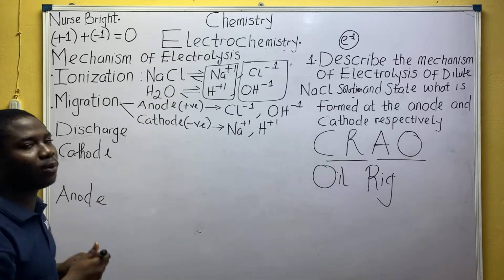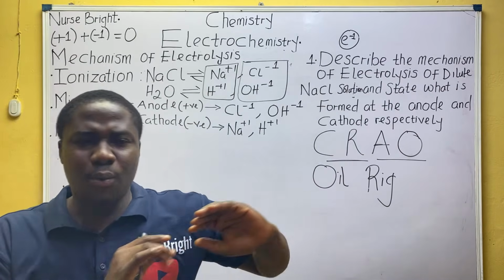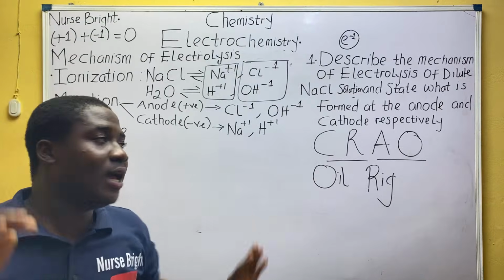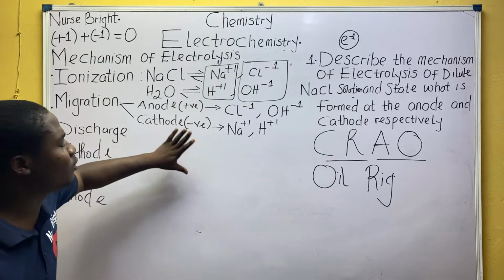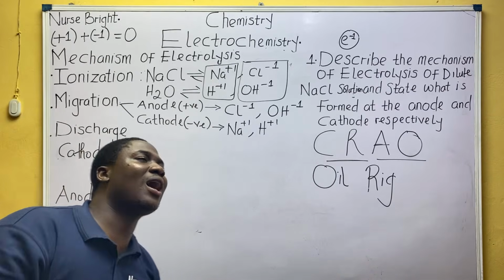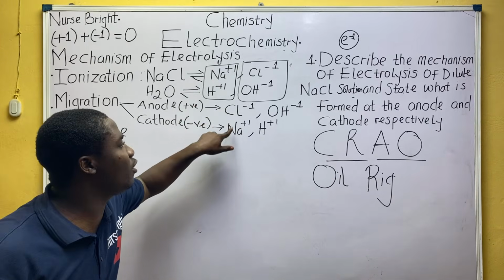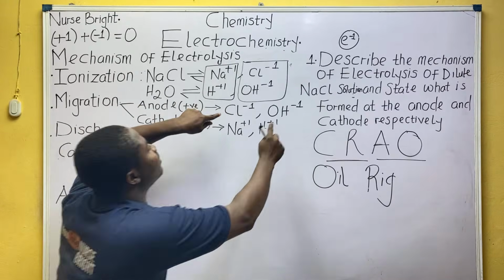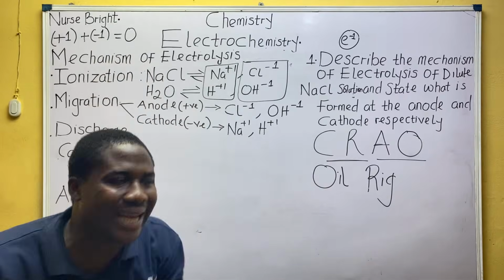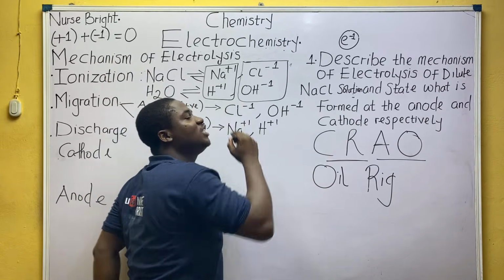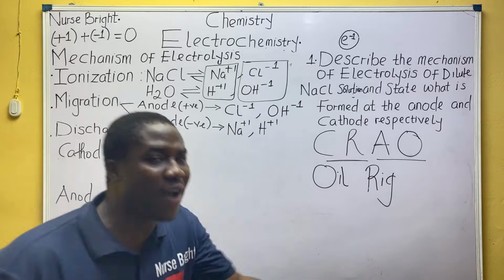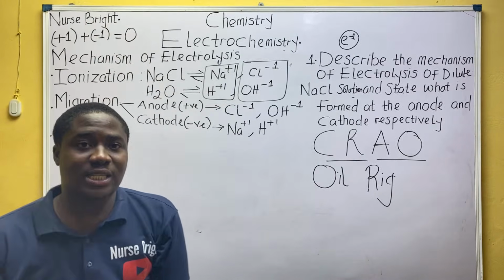With the initial one we didn't have any competition, we just discharged what migrated to the anode and cathode. But because we cannot discharge two sets of ions, like in this case at the anode, I cannot discharge both of them. I will only discharge one. So how do you know the one that will be discharged? That is what we call preferential discharge of ions in electrolysis.